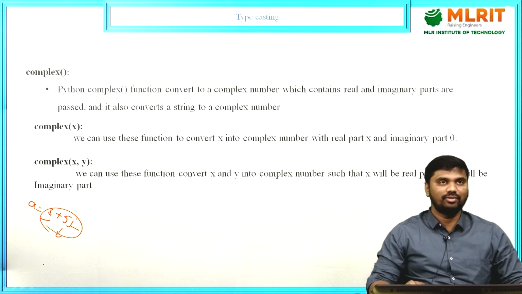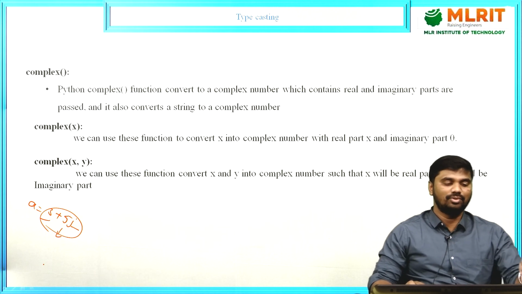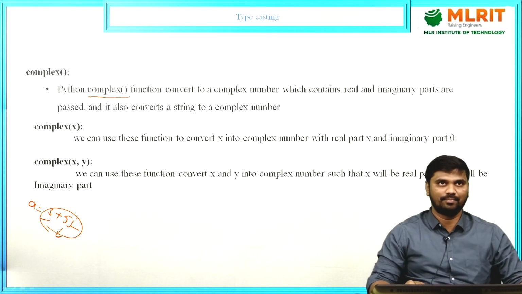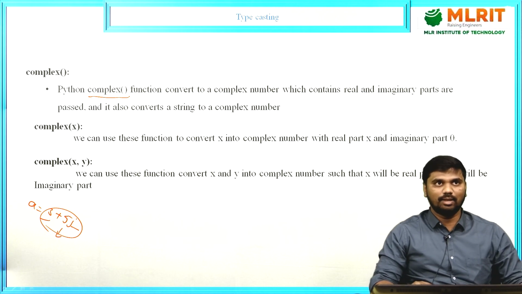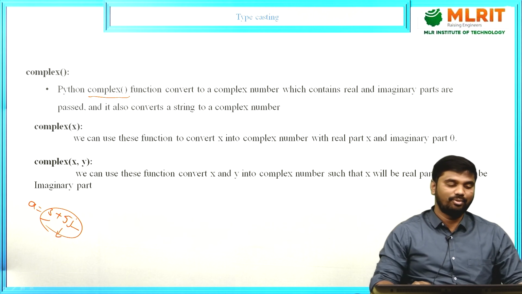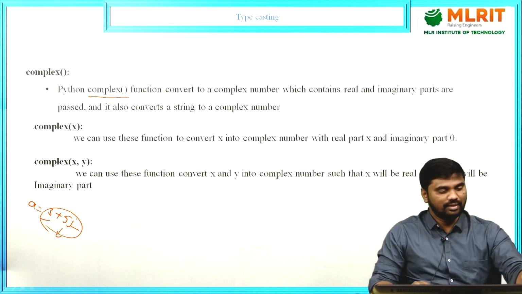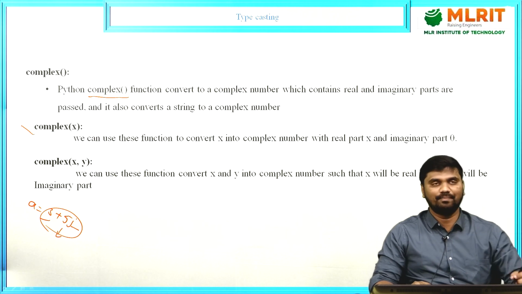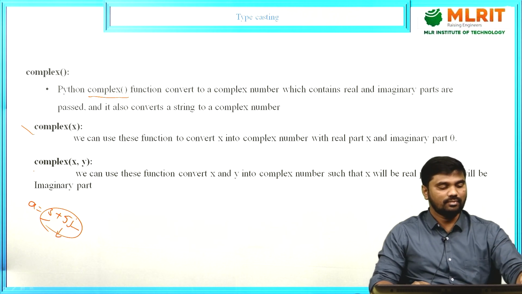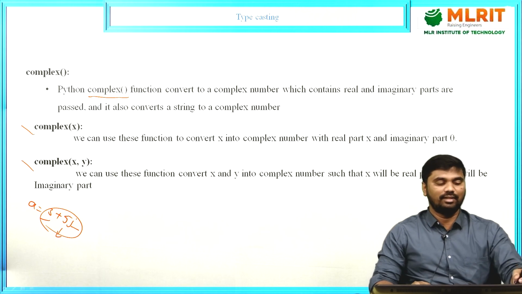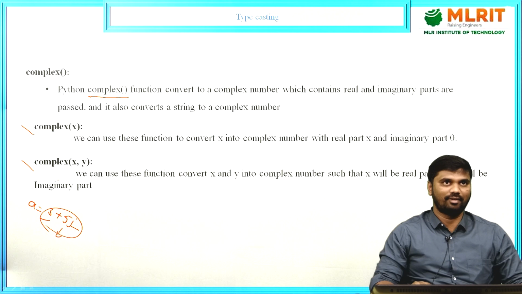Now if you want to convert any data type value to a complex type value, then use the complex function. We can convert any type value to complex type in two ways. In one, we pass only one parameter to the complex function, and in the second, we pass two parameter values.